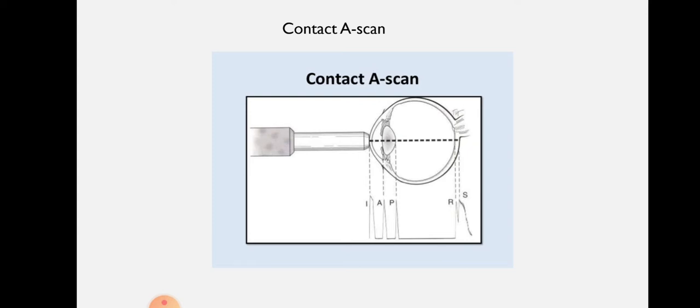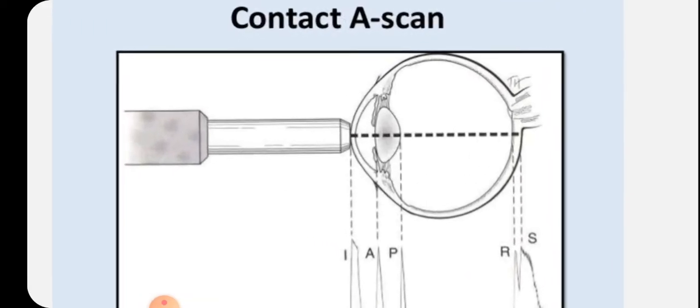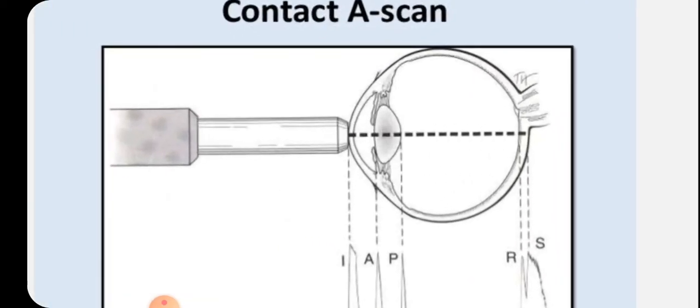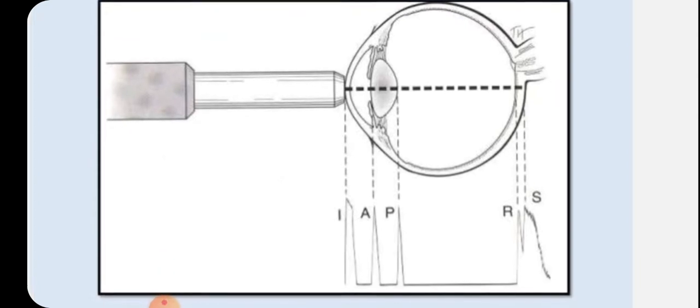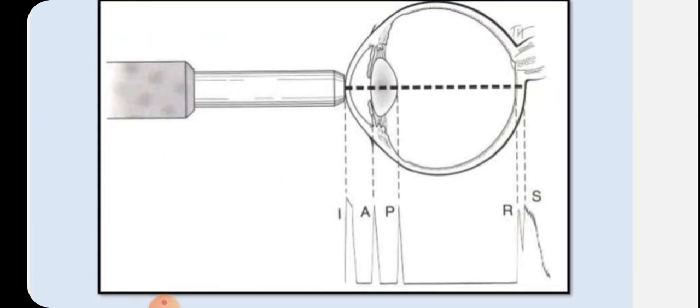Now you are seeing the contact method here, where the probe is placed on the center of the cornea, and it sends the ultrasound through the ocular structures.